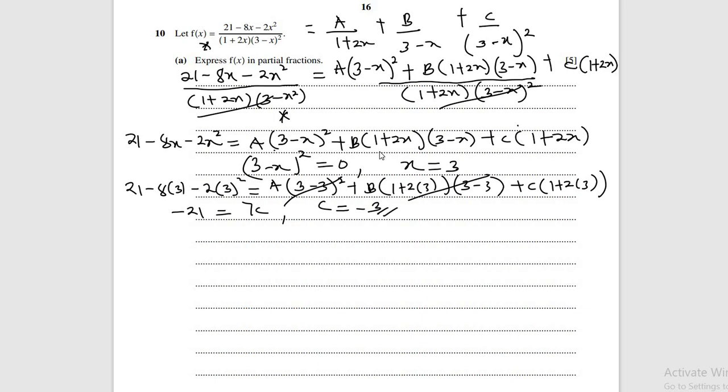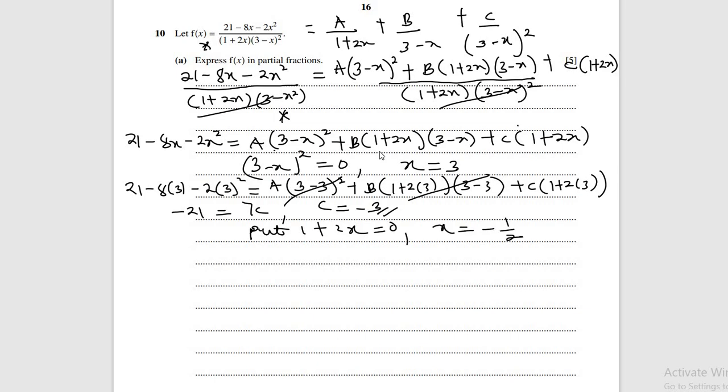Now I've made use of 3 minus x. Let me make use of 1 plus 2x. Put 1 plus 2x to be 0, so x will be minus half.